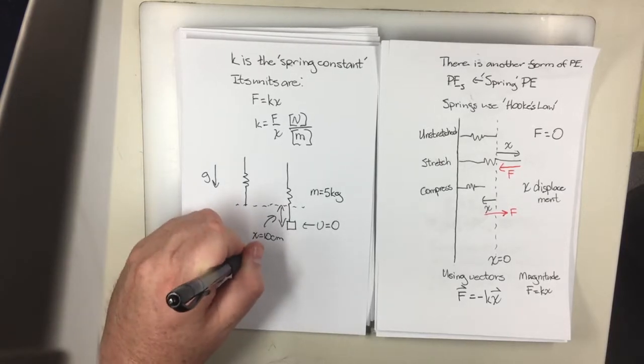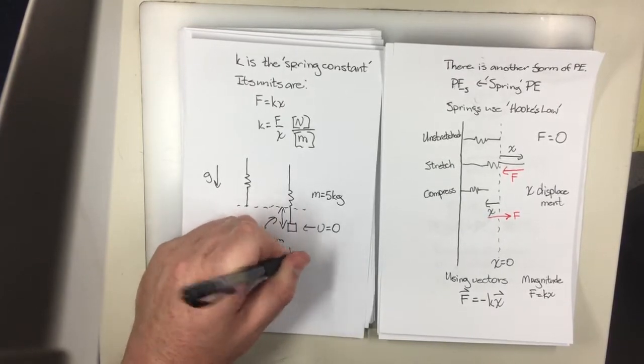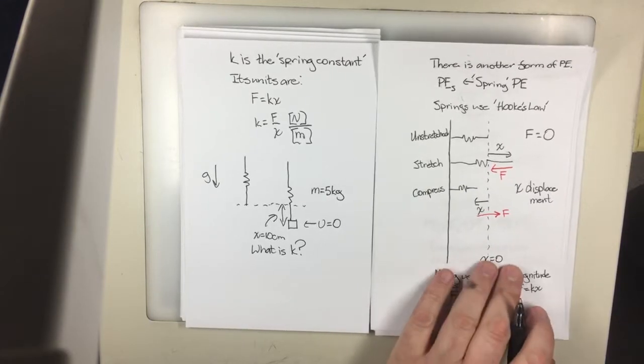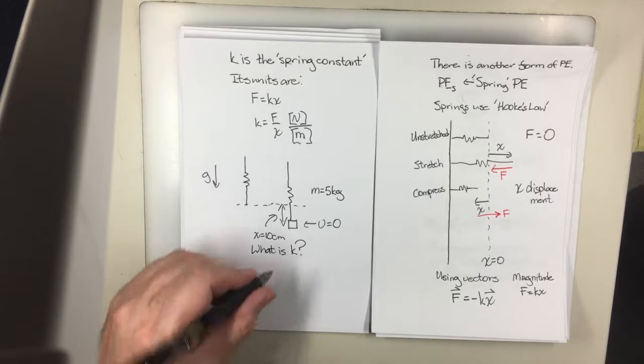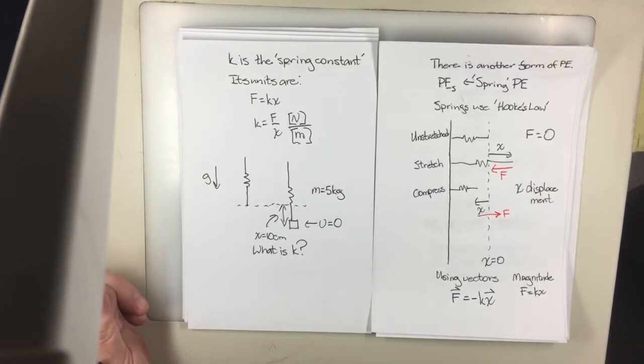The question is, what is K? So that's going to be the quick question that we have to ask. Well, how I would do it is say, well, what is this thing doing? Well, I've said that the velocity is equal to 0. I said, excellent, that's all I need to know.